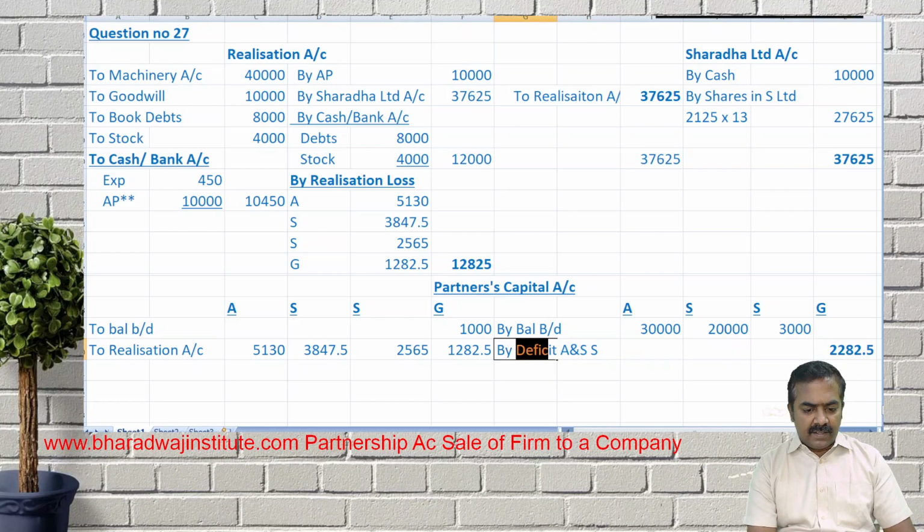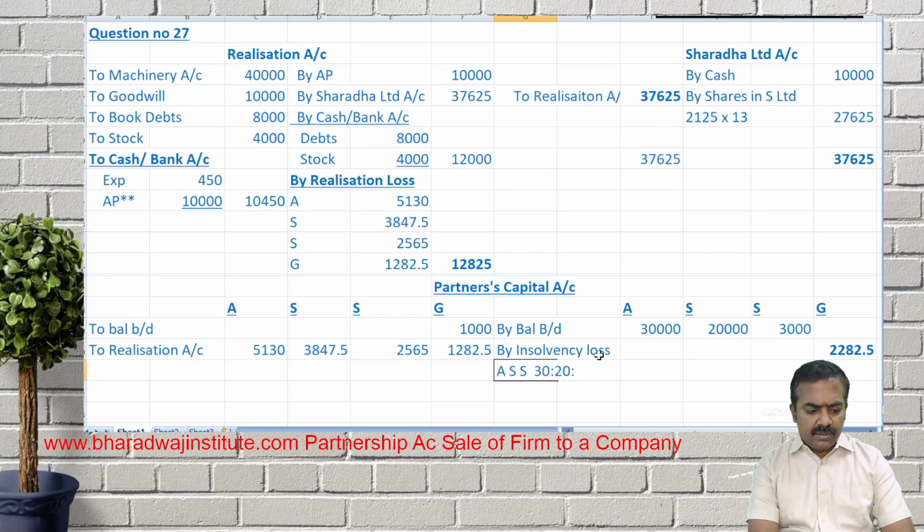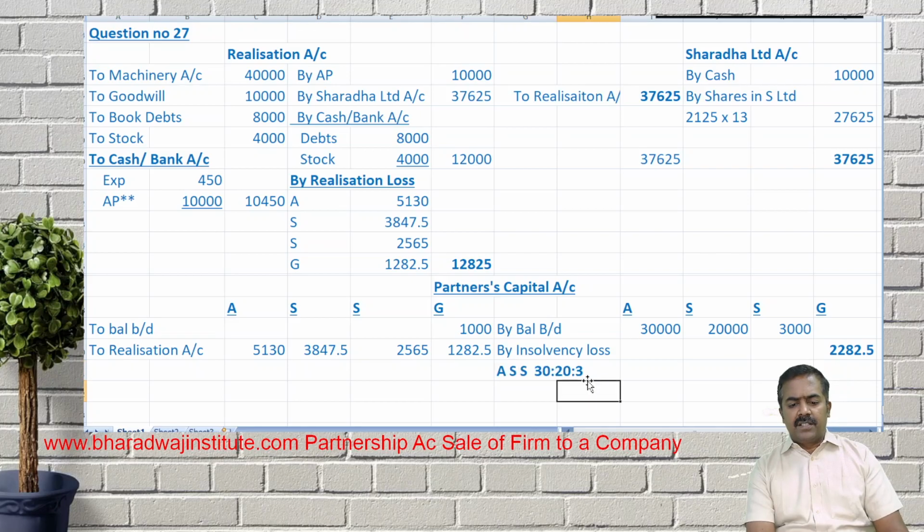The insolvency loss will be borne by whom? By the remaining partners, in which ratio? Capital ratio. What is the capital ratio? 30 is to 20 is to 3. The loss due to insolvency should be borne by the remaining partners in capital ratio.